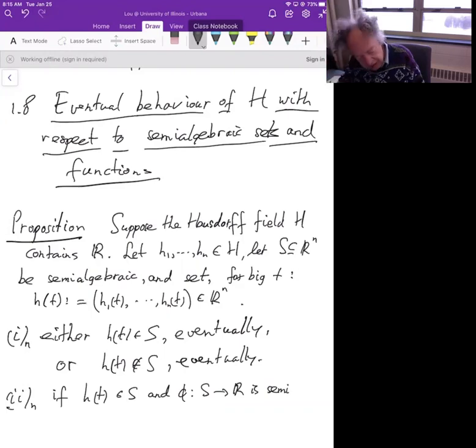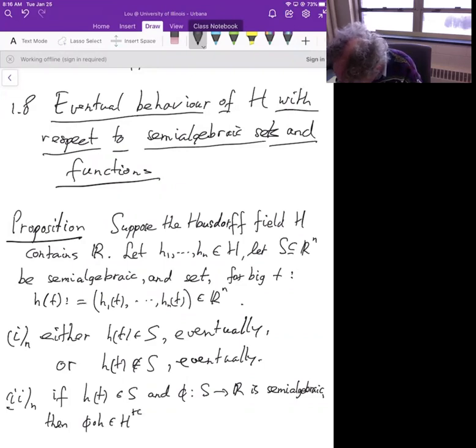Here I'm assuming people know about semi-algebraic sets and semi-algebraic functions, which is in some sense part of o-minimality. So phi is semi-algebraic, and then you can plug in h in phi, and you get a germ in the real closure of H. Then phi composed with h is in the real closure of your Hausdorff field.